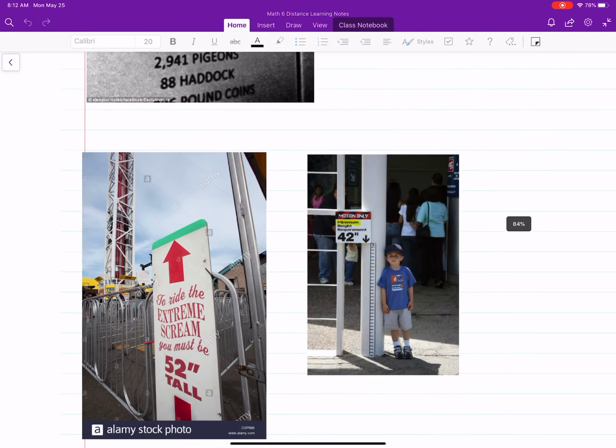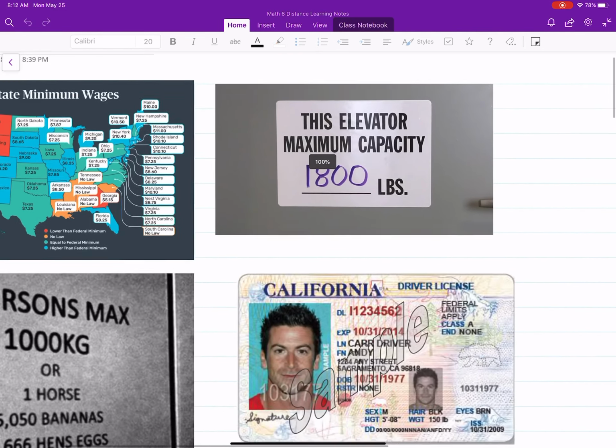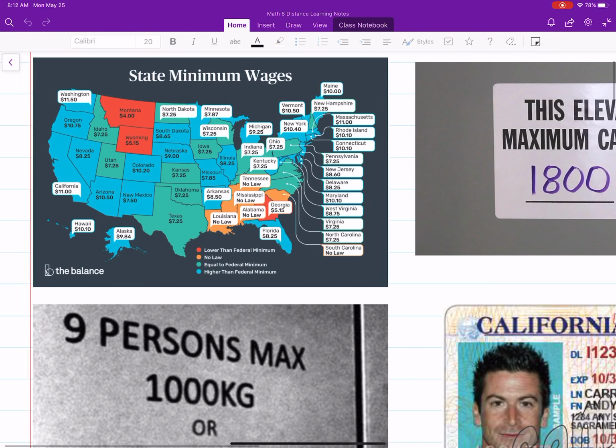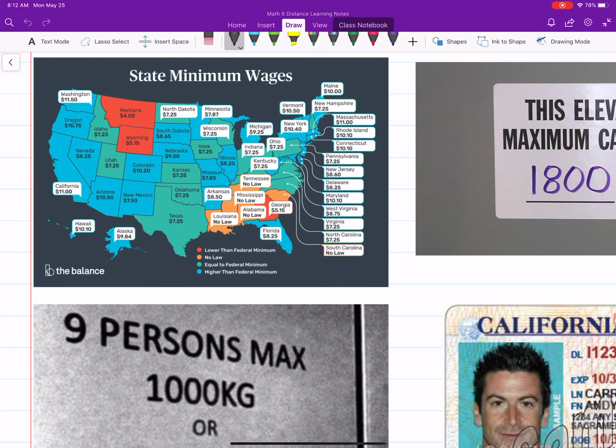Okay, so let's go back and look at them again. If you look at the state minimum wage, you see the word minimum. That means there is a floor that it cannot go past. It cannot be less than that value. For the state of California, and this picture is old, obviously, the minimum wage at one point was $11.